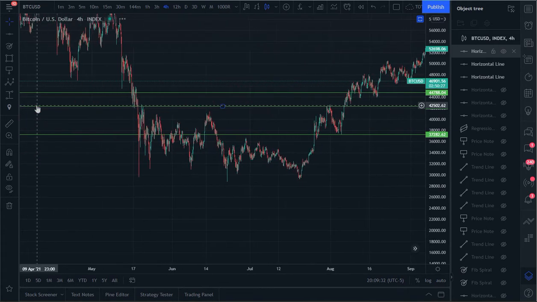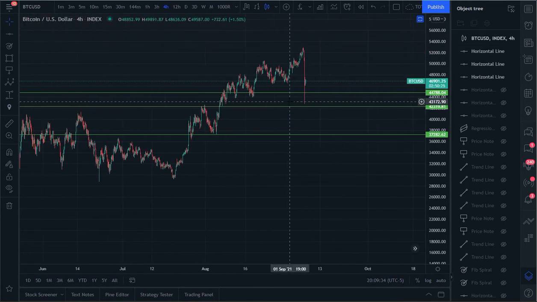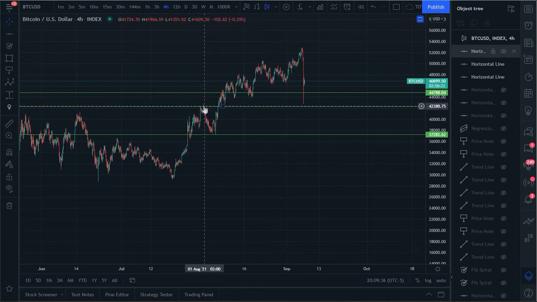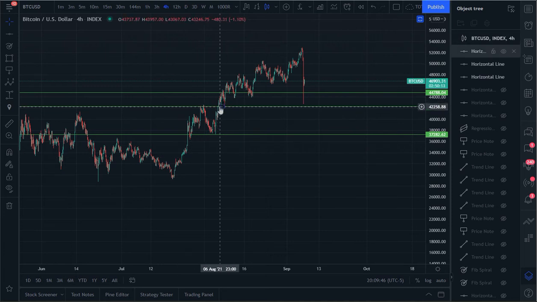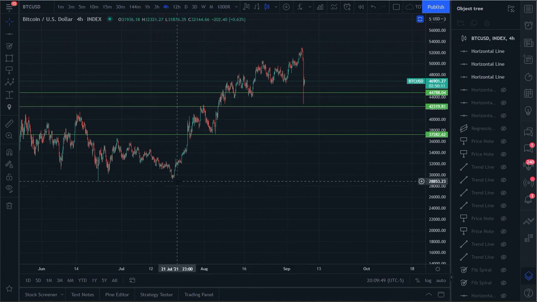So practically moving our current context a little bit far from our moment of reversal in July, but ready to go for this point, because this will be the next check.